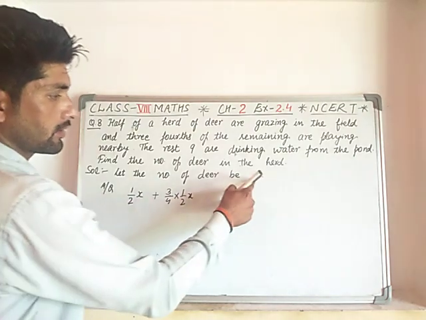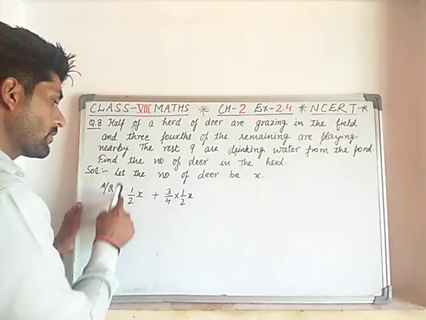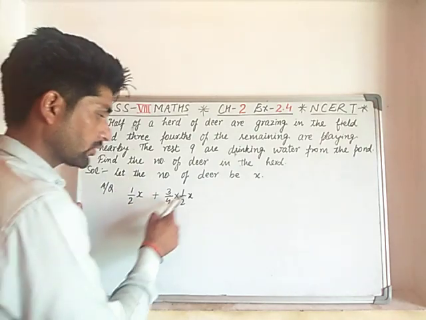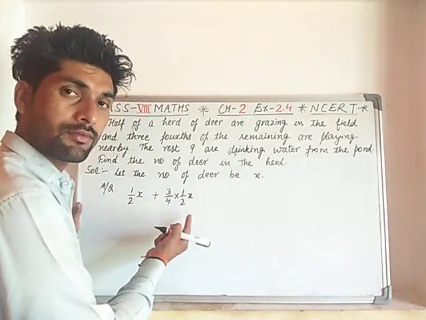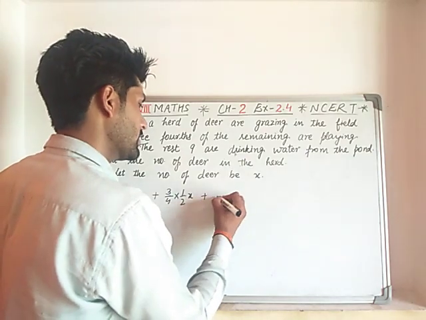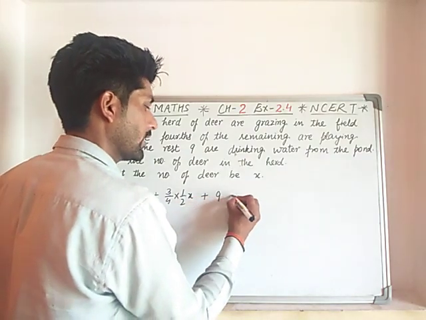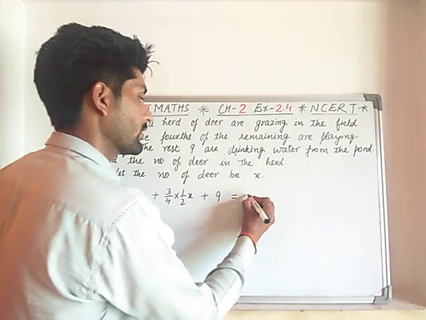Total number of deer are x. So half of x plus 3/4 of the remaining half plus 9 which are drinking from the pond, and the total is equal to x.